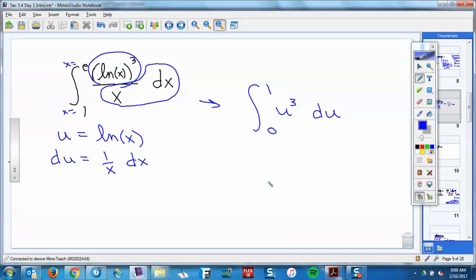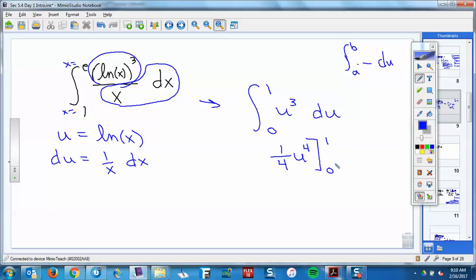So on a couple of your homework problems, they're going to say, find the A and the B that makes this, and they write A, B, something u, du, blah, blah, blah. Well, they're just saying, when you make your new u integral, now do this. So now, when we do our antiderivative, our 1/4 u to the 4th, we don't have to go back to x's, because we've now got this 0 and this 1.